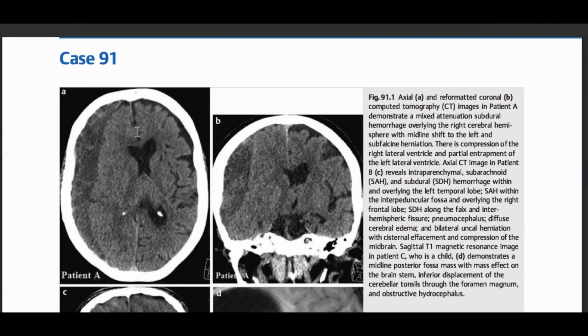The midline here is shifted to the left with subfalcine herniation.